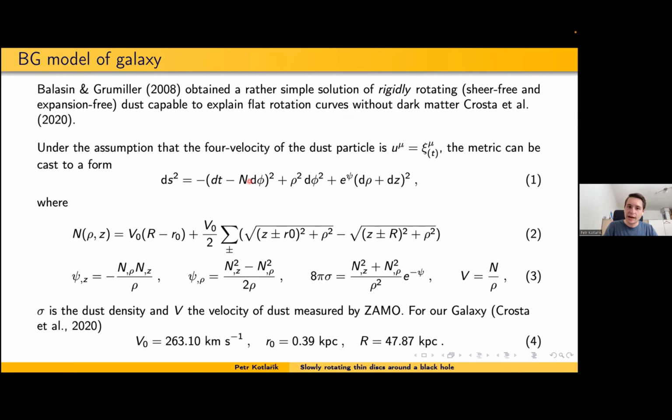They provided a solution for the metric function n, which you have seen before, and another metric function psi is given by these Einstein equations, where sigma denotes the dust density and v is the velocity of the dust measured by a zero angular momentum observer. From the fit done by Dr. CROSTA and her collaborators, the parameters of our galaxy are around these values.